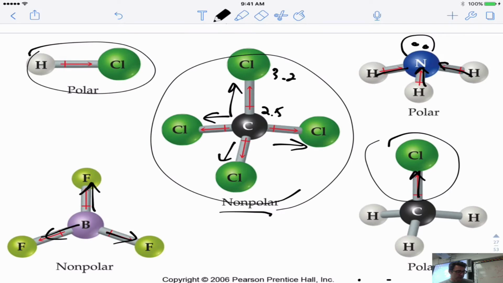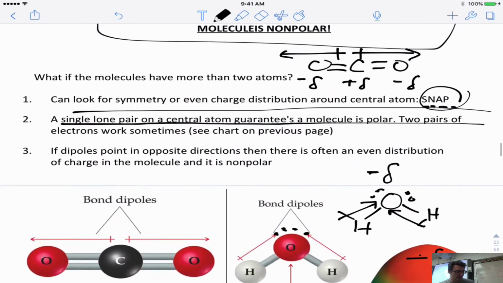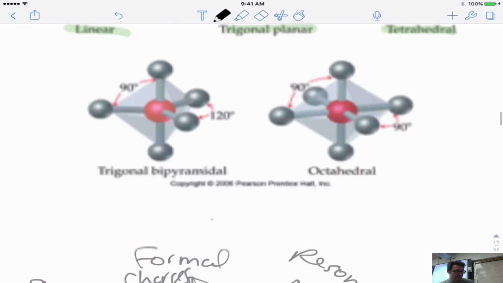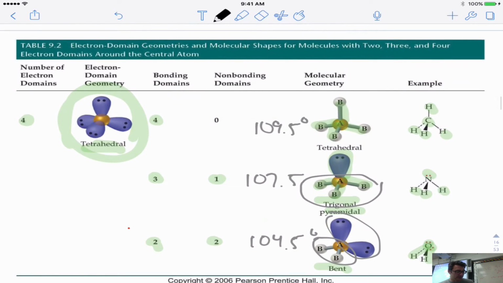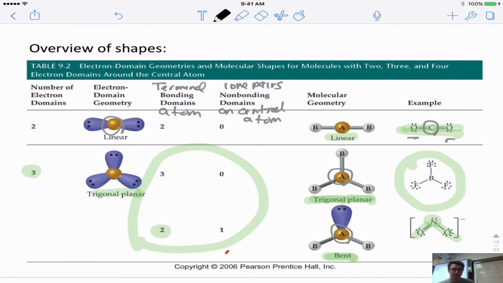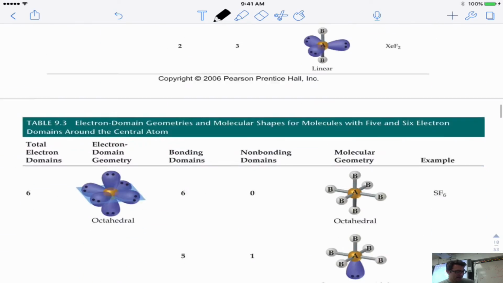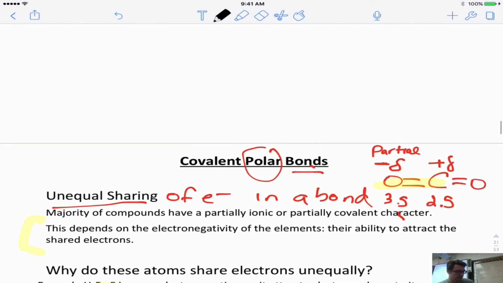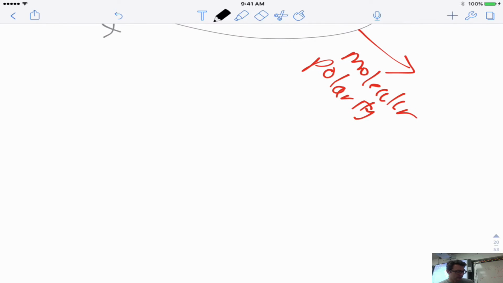What I wanted to do before we go on and talk more about polarity is go back to this chart here, which is the shapes, because the shapes can be really valuable in telling you if something's polar or nonpolar.